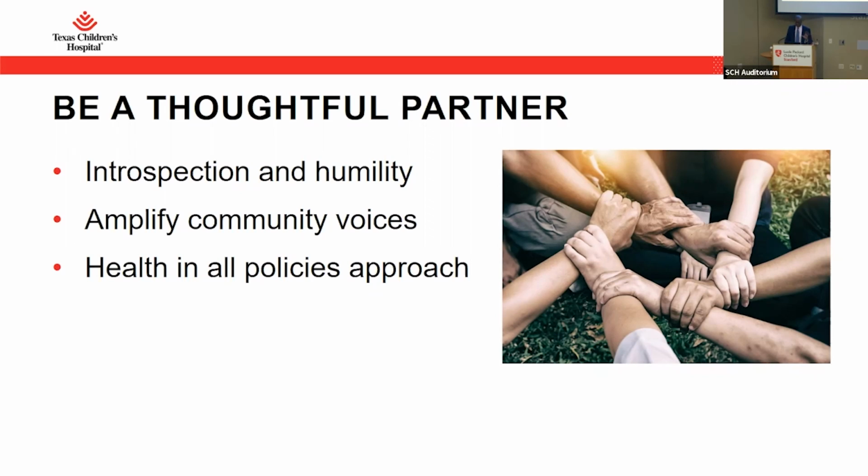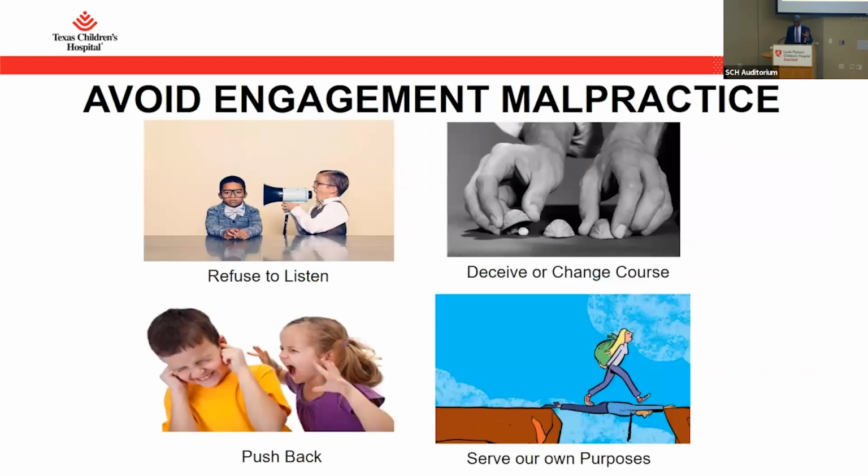And the other side of that I want to talk about is what I call avoiding engagement malpractice, which we all do. We're all guilty of it. I've done it so many times. I just wanted to go over them briefly. So one is refusing to listen. Sometimes we have these great ideas about how we're going to address social determinants of health. We give ourselves credit for meeting with community stakeholders.